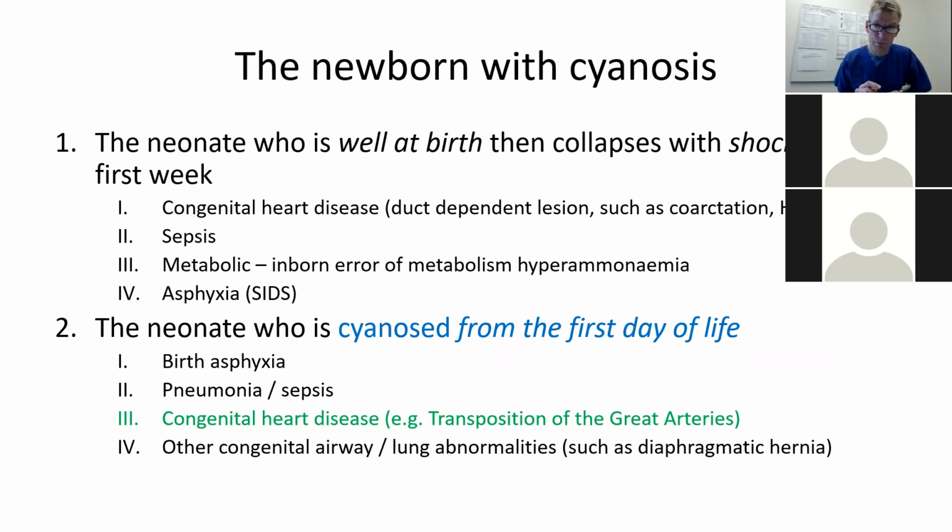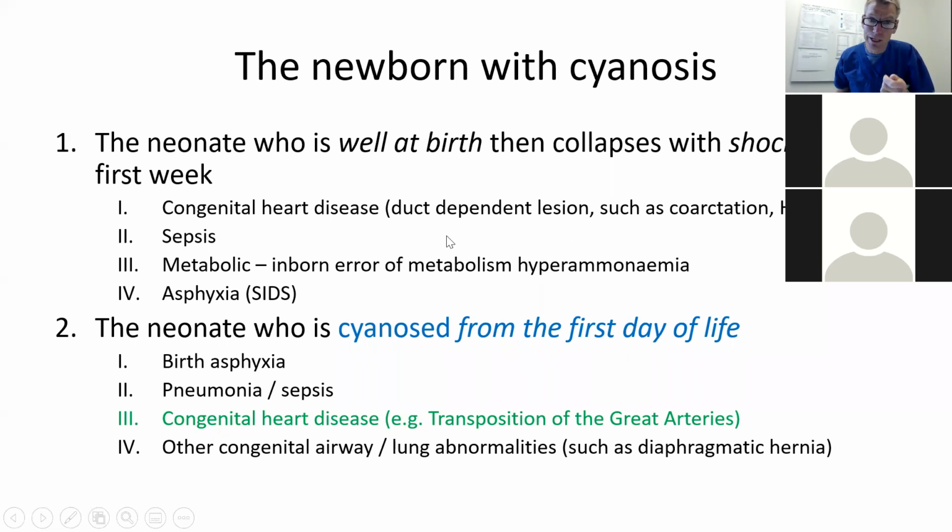And I think last week I talked a bit about the baby who's well at birth and then collapses with shock, often with cyanosis, but not always, collapses with shock in the first week of life. So that baby's born well, but then collapses with shock. And those babies typically have what we call duct-dependent lesions.